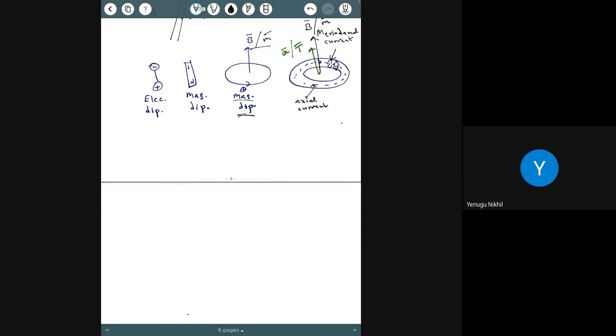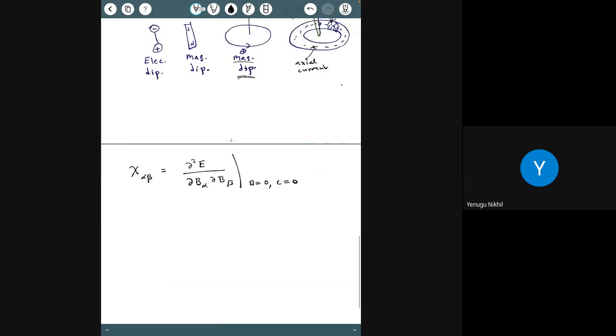So the susceptibilities can be written as, let me first write the usual one. The ordinary magnetic susceptibility, with respect to just the uniform field, is the second derivative of the energy with respect to the components of the uniform field, evaluated at B equal to 0, C equal to 0.